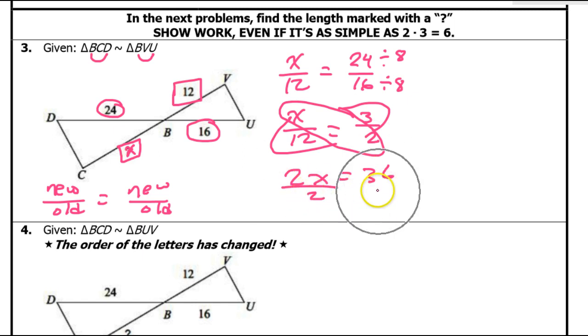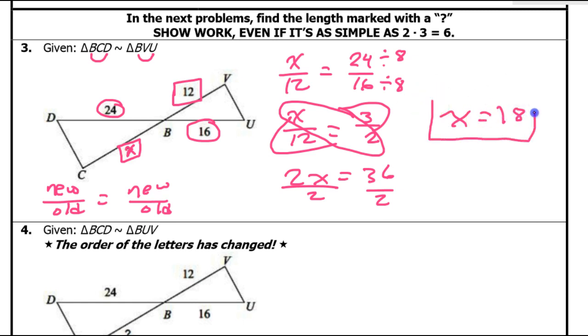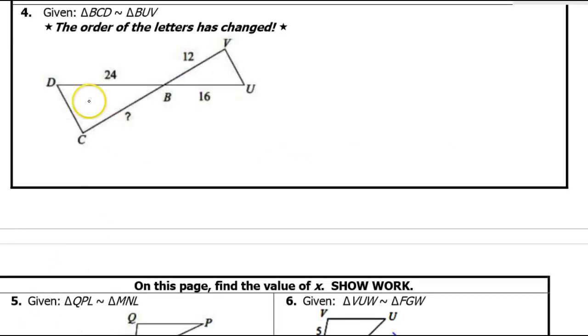Then if I divide both sides by 2, I end up with x is equal to 18. So that is the final answer for number 3. Again, this problem looks a lot like the last problem, but we have to pay careful attention to the similarity statement. And again, I'm just going to call this x.